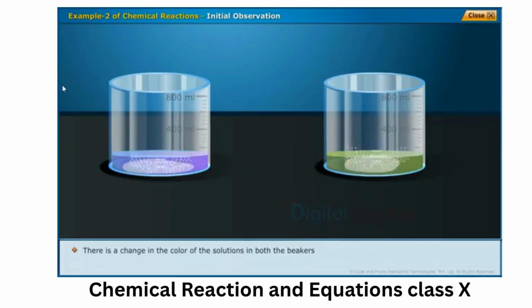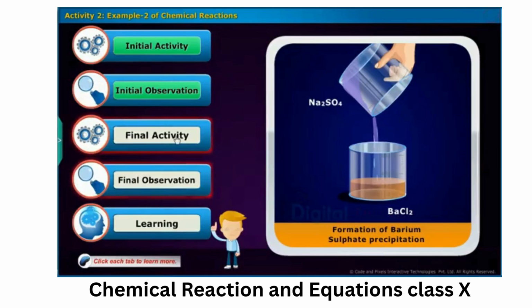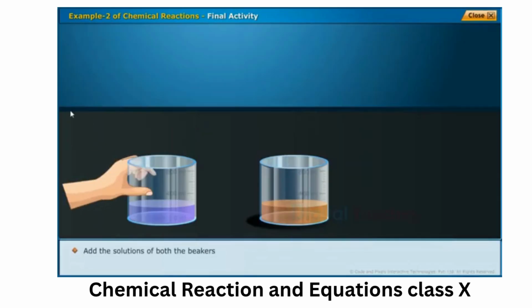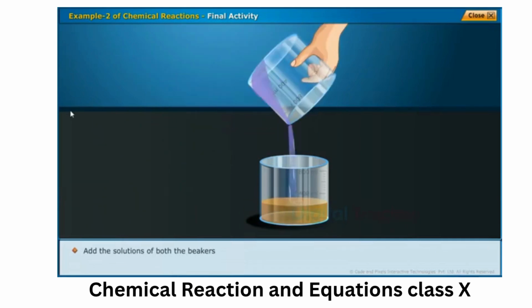There is a change in the color of the solutions in both the beakers. Add the solutions of both the beakers.